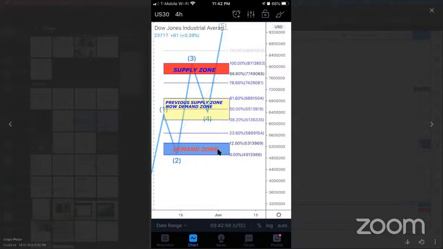If price comes back at a later time, or are we talking about immediately? Later time. Yeah, the demand zones are usually valid for periods of time, especially if you're getting it off the higher time frame. The higher the time frame, the stronger the demand zone, the stronger the supply zone.